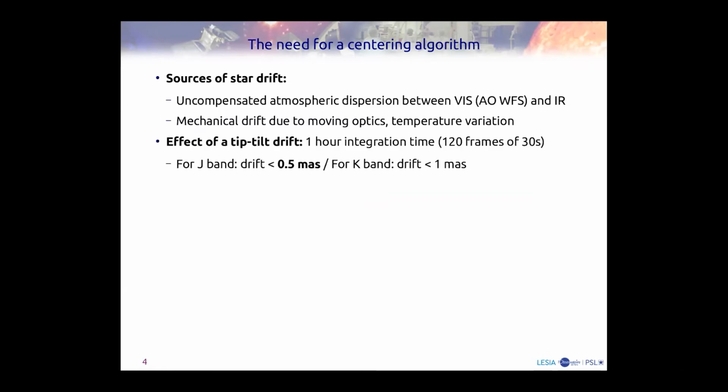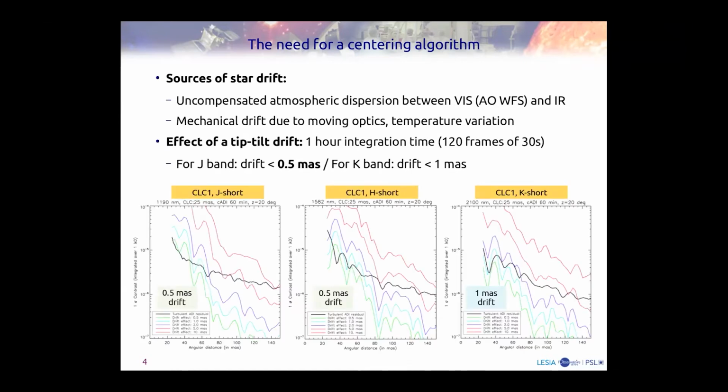So we've simulated the effect of a tip-tilt drift on the contrast curves that you see appearing here. These are 1 sigma contrast curves for CLC1 in J, H, and K. And you can see the effect of different drift levels from 0.5 mas to 10 mas in 1 hour of observations.